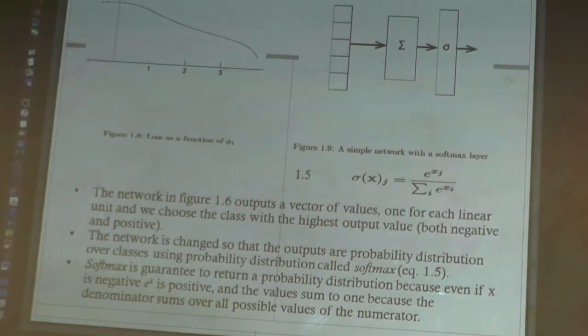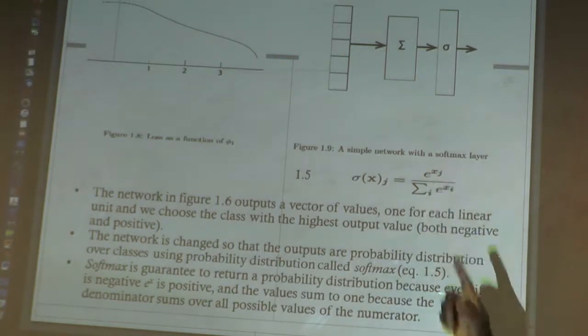A softmax equation is simply that. You can see that e again coming up. You don't need to memorize anything. Softmax, okay? So what happened here is that the network is changed so that the outputs are a probability distribution over classes.